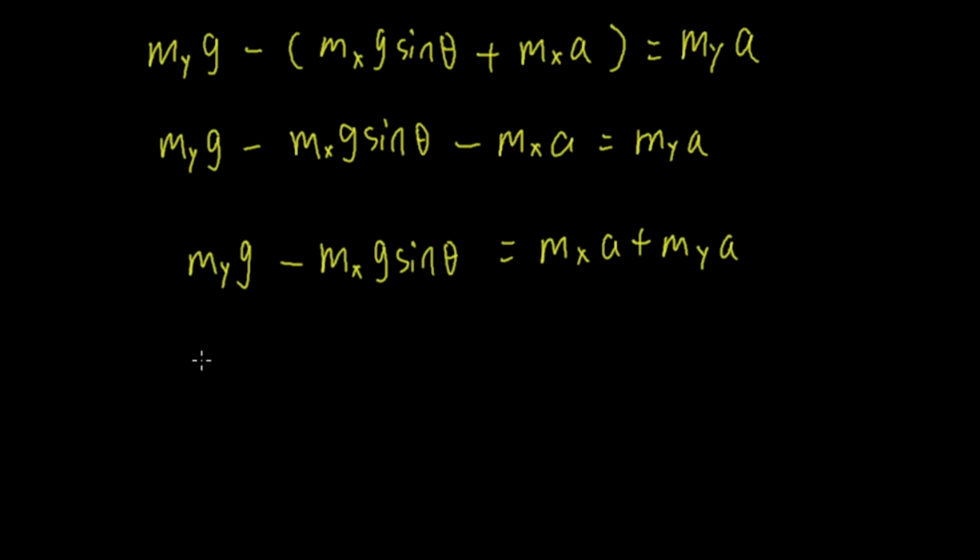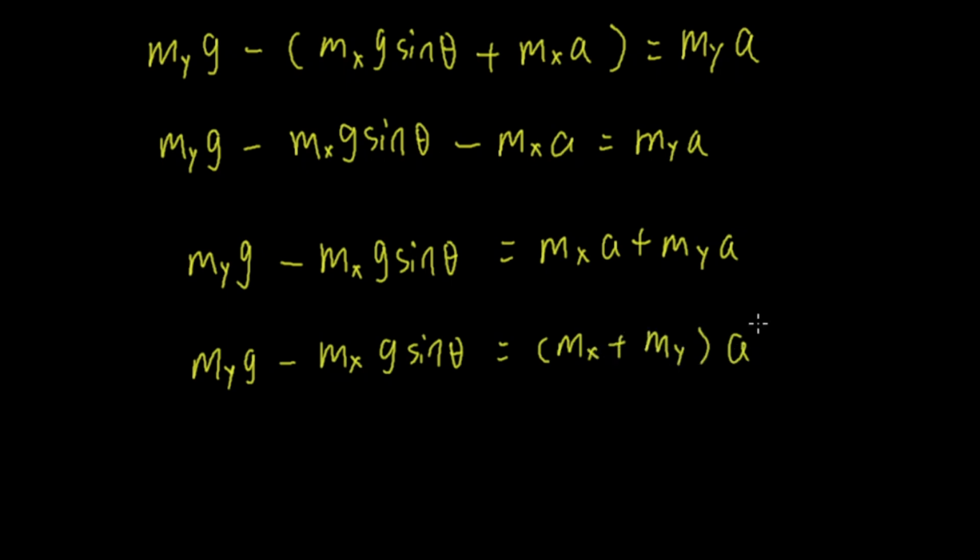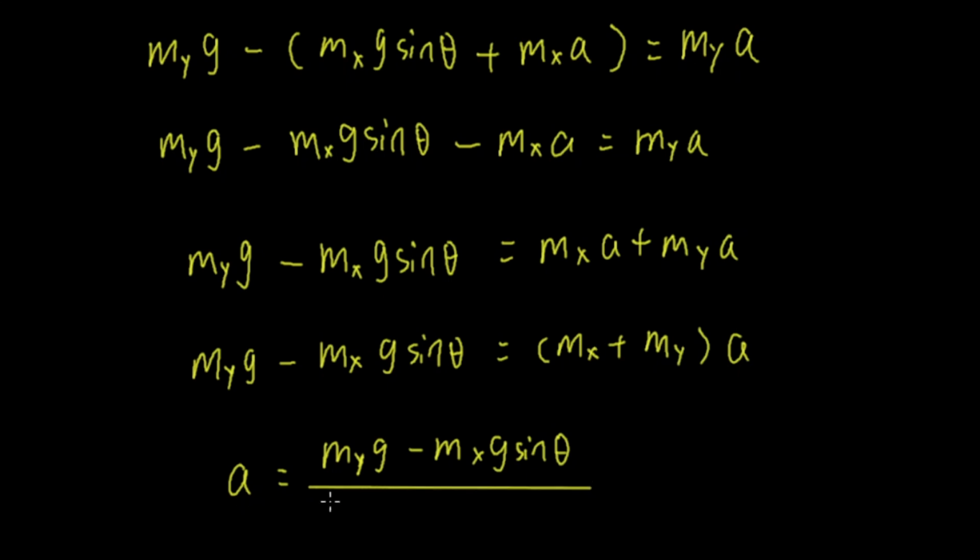So we have m sub y g minus m sub x g sine theta is equal to m sub x plus m sub y times a. Divide both sides by m sub x plus m sub y. So we have a equals m sub y g minus m sub x g sine theta, all over m sub x plus m sub y.